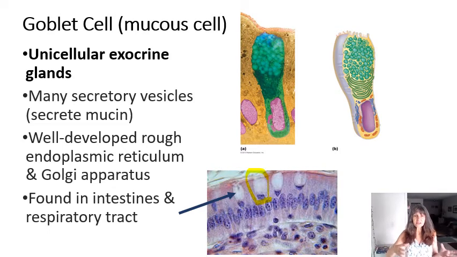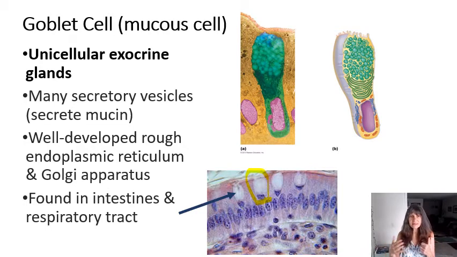The vesicles inside the goblet cell are going to secrete proteins that are called mucin. And this mucin is a real large macromolecule, and it's glycosylated, so it's got sugar attached to it. And mucin is a big portion of mucus.